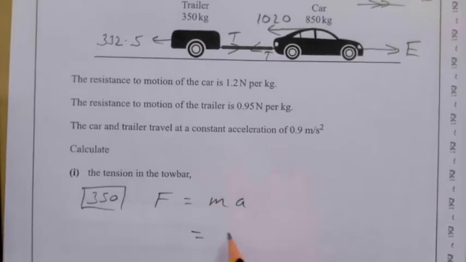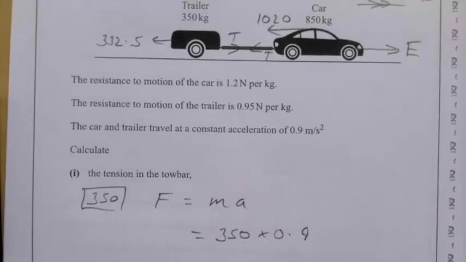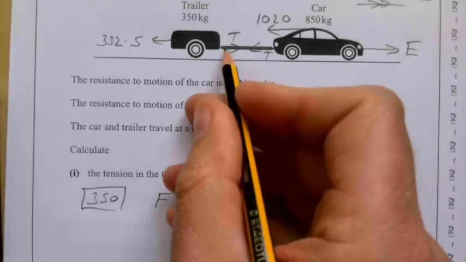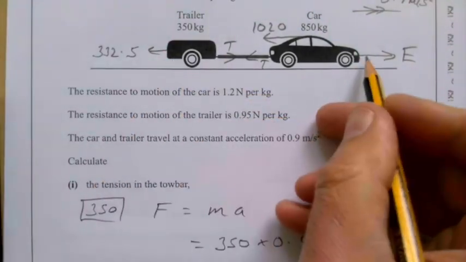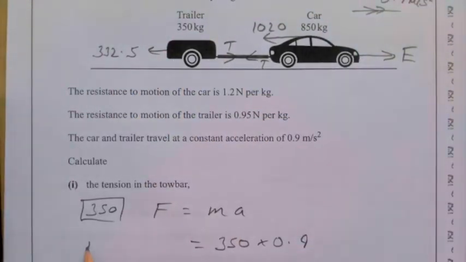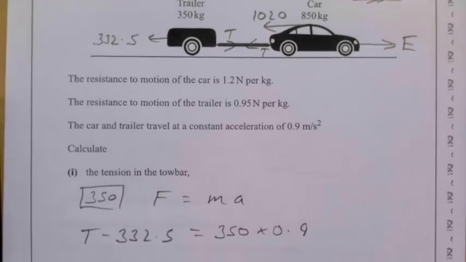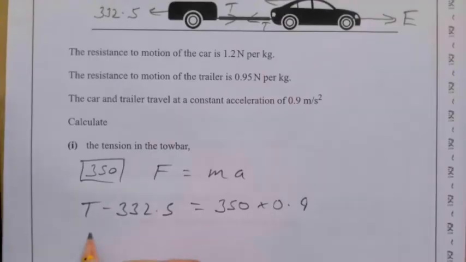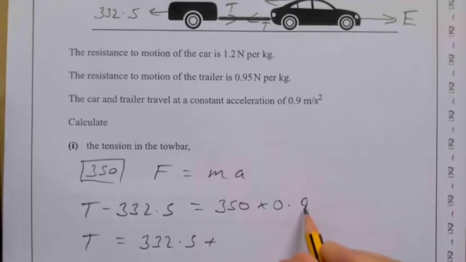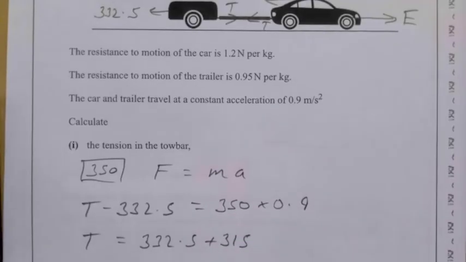Right hand side first is going to be 350 times 0.9. And what forces do we have acting in this then? This is taking it forward and this is taking it backwards, so it's T minus 332.5. So that means T is going to be then 332.5 plus 350 times 0.9, I think that's 315, is it?